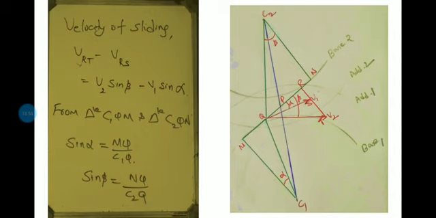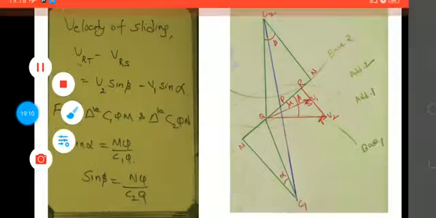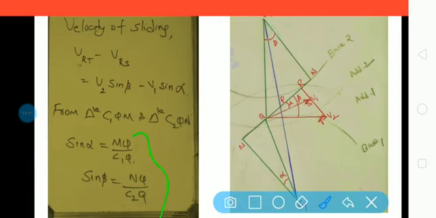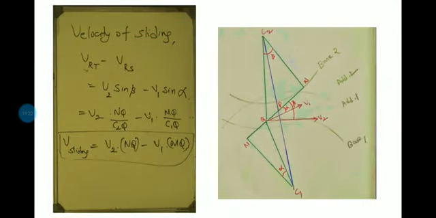So sin alpha will be MQ by C1Q. Similarly sin beta will be NQ by C2Q. Now substitute both in this equation. So we'll get V2 into NQ by C2Q minus V1 into MQ by C1Q. So we substitute it.